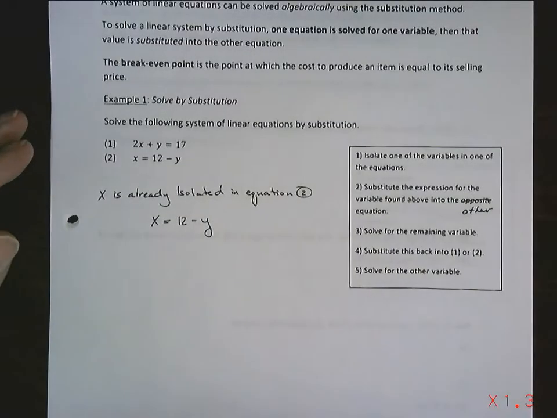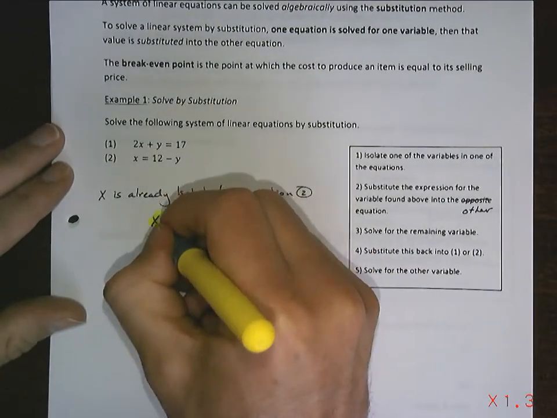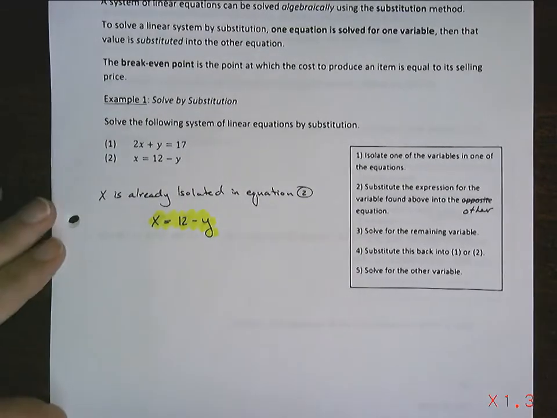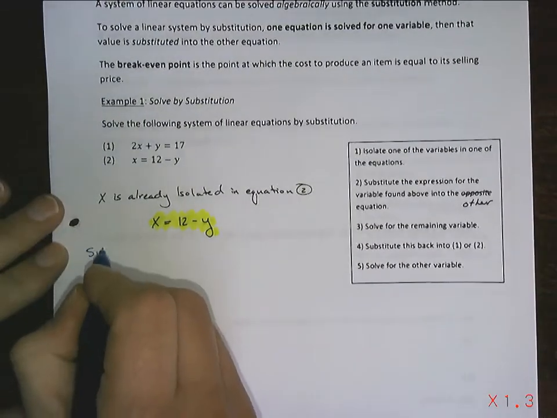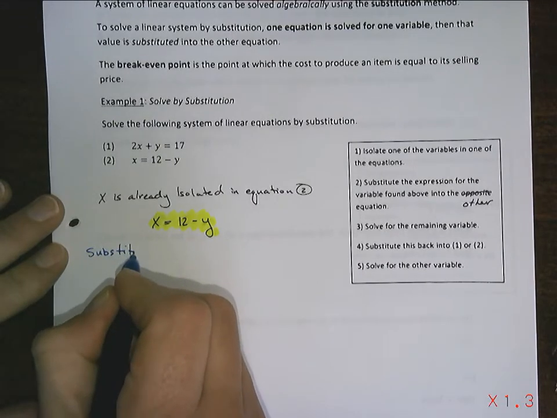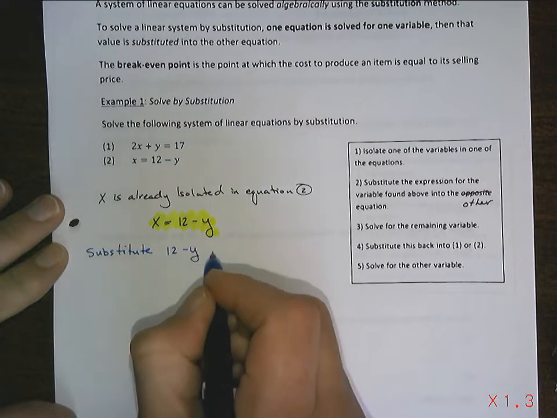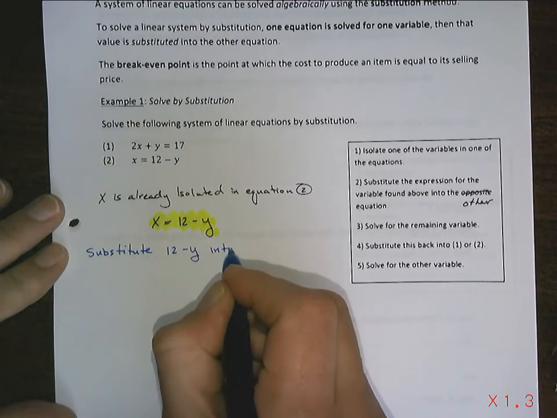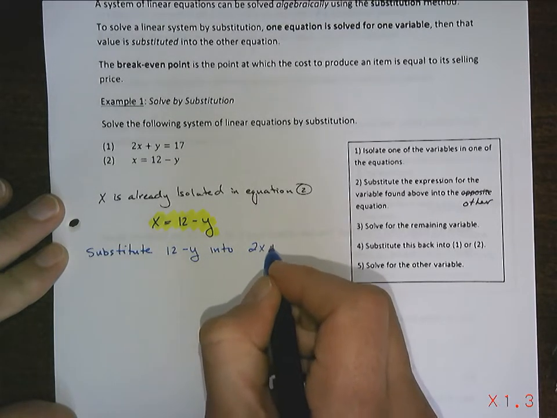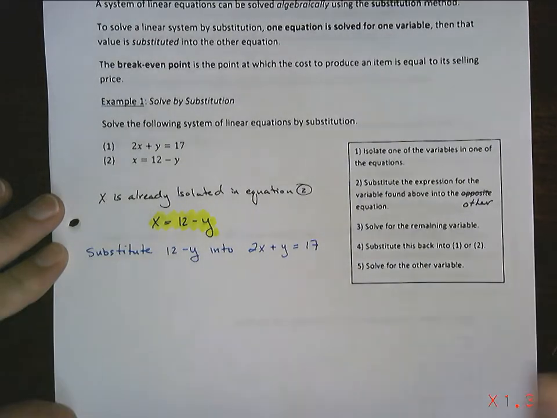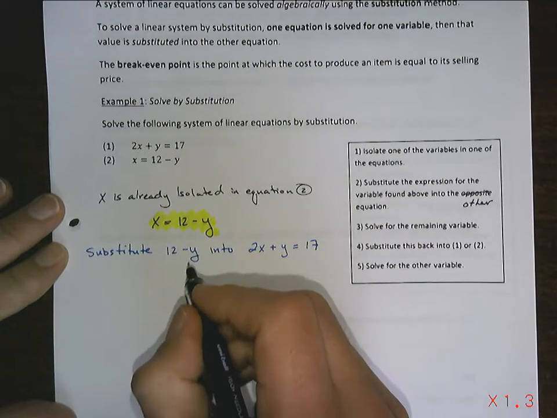So what we're going to do, to be very, very honest, is I'm going to take this, x equals 12 minus y, and we're going to substitute this 12 minus y part into 2x plus y equals 17, and it's going to go in right here.